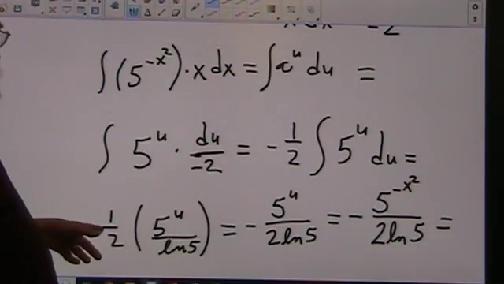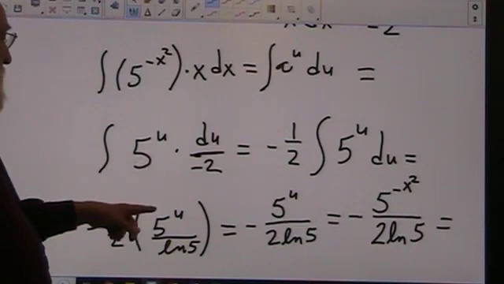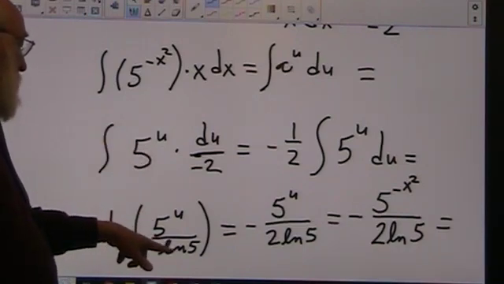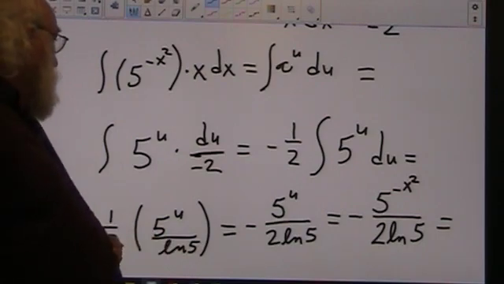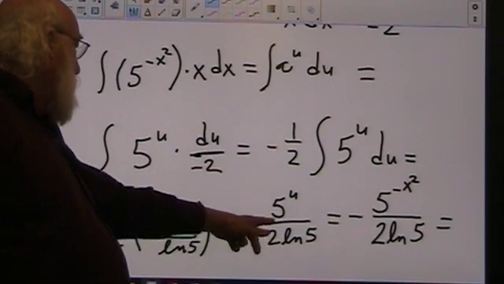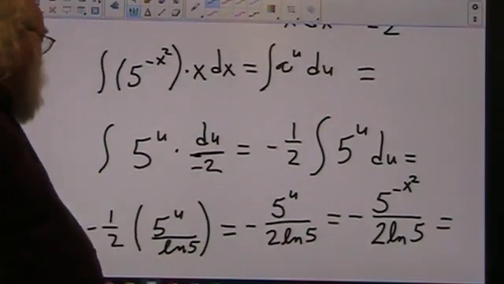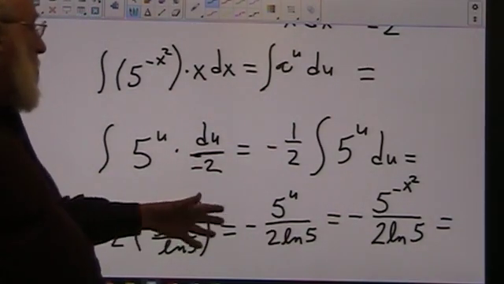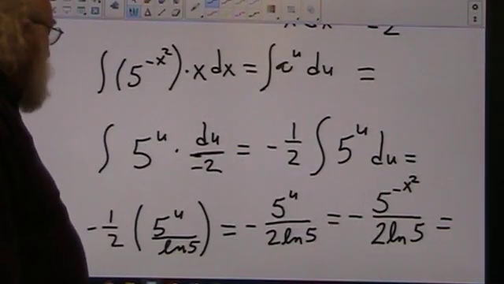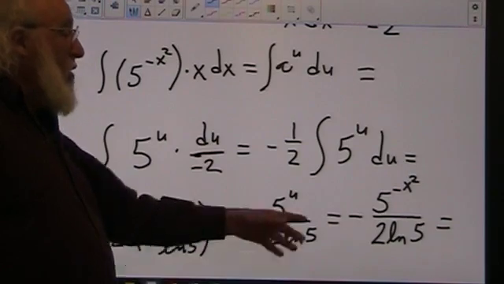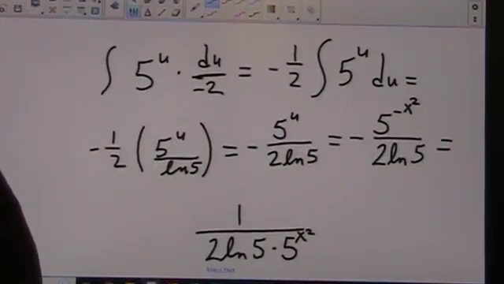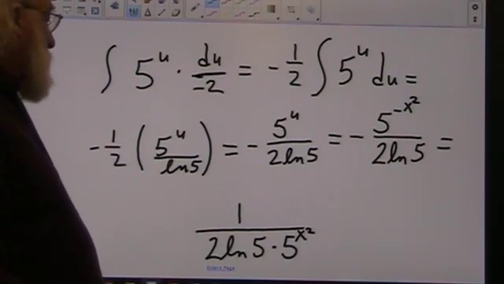So we have negative 1/2 times 5 to the u power over natural log of 5. So that negative 1/2, because of a negative here with a 2 denominator, and here's your answer for that. Now we can replace the u with negative x squared, and we have 2 natural log of 5. Now 2 natural log of 5 is a multiplication of 2 exponents for all practical purposes.